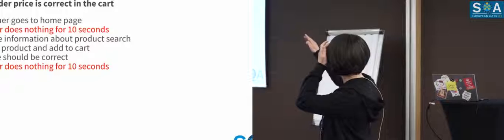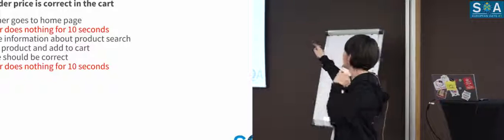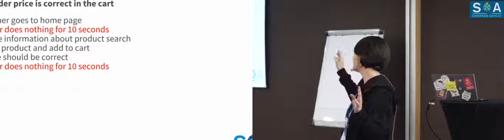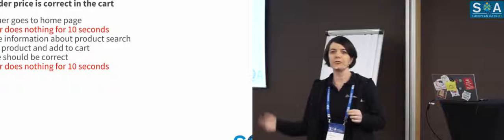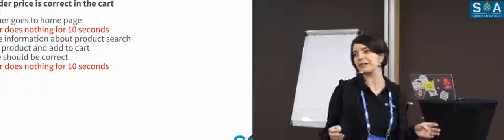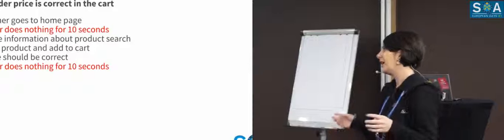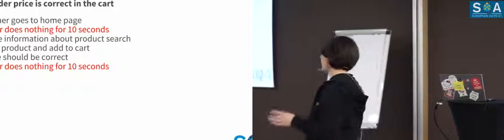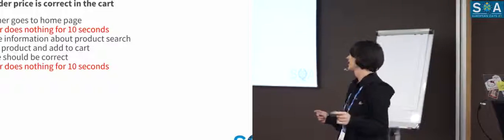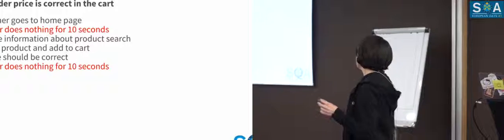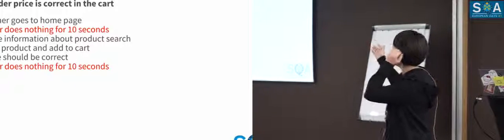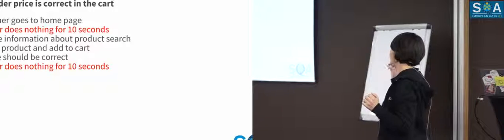And now some buttons on the page are loading not during 10 seconds, but during 2 seconds. Our tests are still green, but now we are waiting a spare 8 seconds.